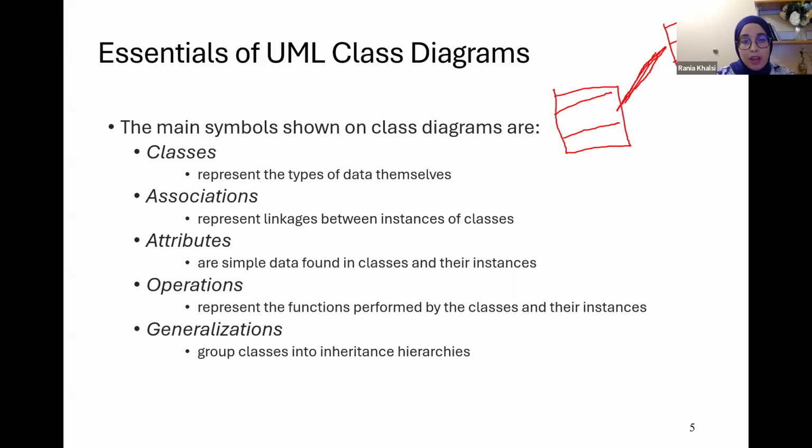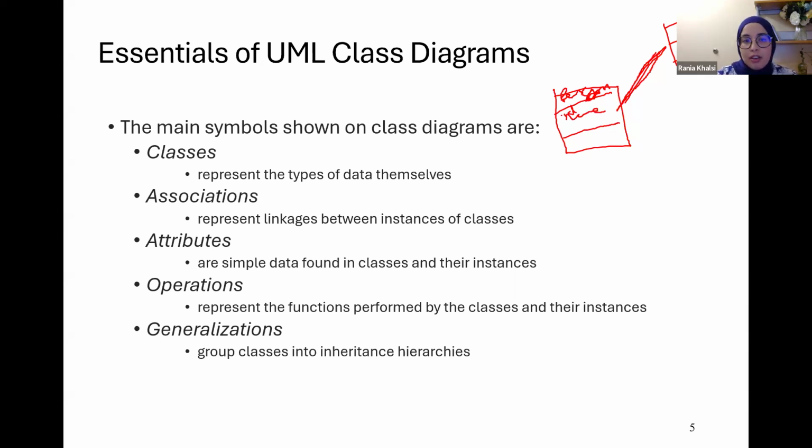For example, let's say I have the class person. Later I will take another example. Sorry, my writing here is catastrophic, but I want to write person. A person has attributes like, for example, ID or name, and attributes we write here.